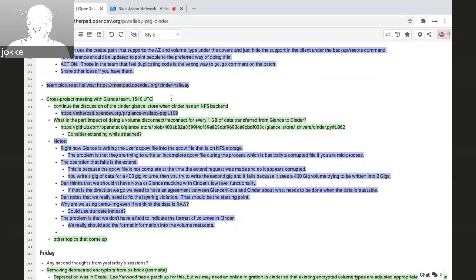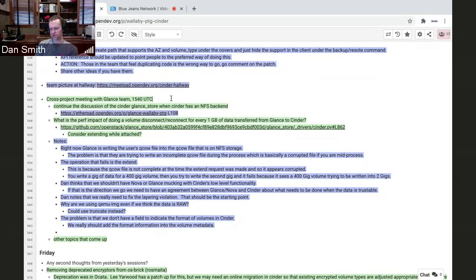Part of the reason why getting out of this situation is difficult is because we now have 3 projects that all have to agree on a low-level storage protocol. Changing that is difficult because they all have assumptions. If we didn't have that from the beginning, then Cinder would be able to transition away from this to something else.